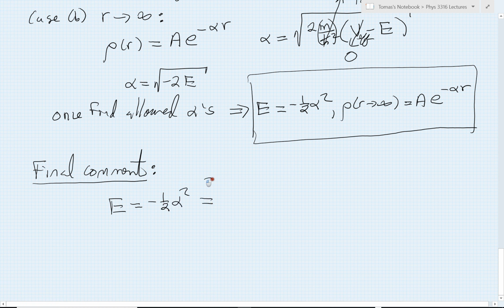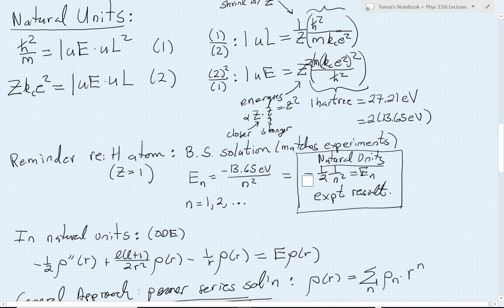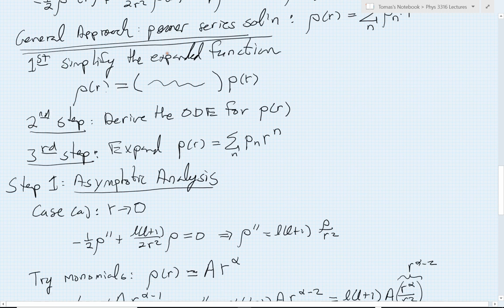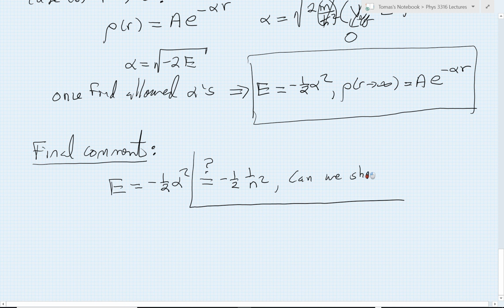And what we are really hoping they turn out to be from our Bohr-Sommerfeld analysis, which is way up here, is minus 1/2 times 1 over n squared. So I'll put a little box here. This is just what we're kind of fantasizing for, right? And that will work. So the big question is, can we show that alpha actually equals 1 over n, where n is an integer, 1, 2, 3, etc.